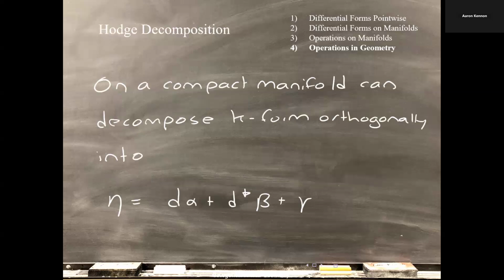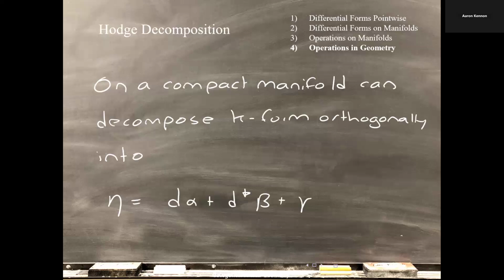Okay. So then another fundamental result in the compact setting is what's called the Hodge decomposition. So this says that on a compact manifold, we can uniquely decompose any k-form orthogonally into the following three pieces.